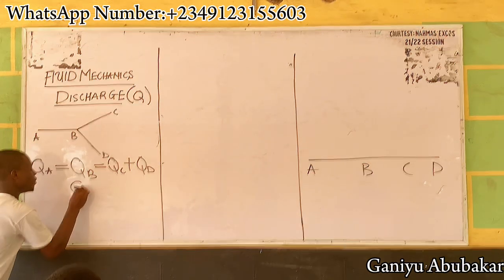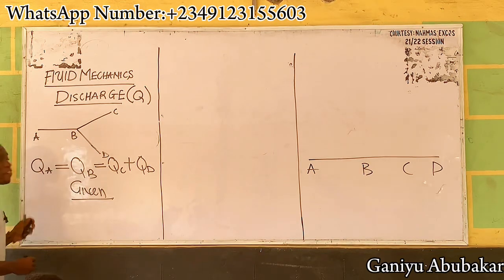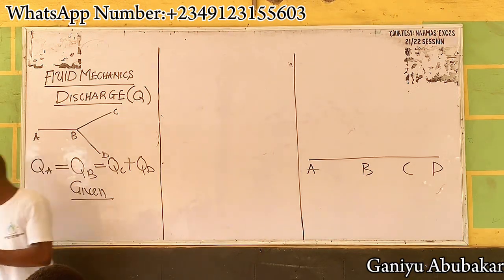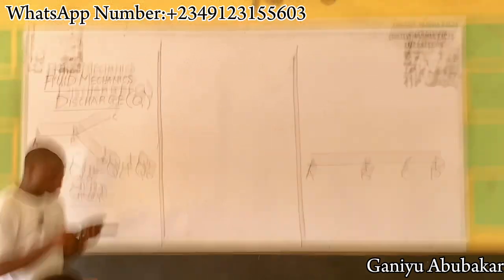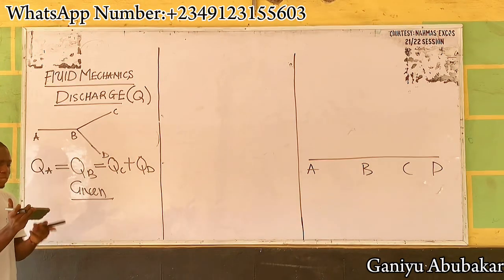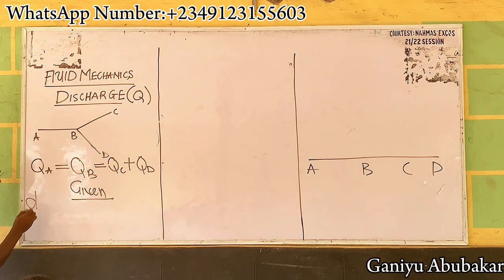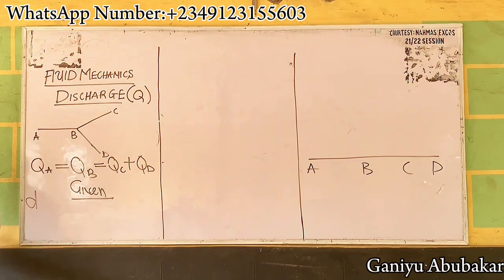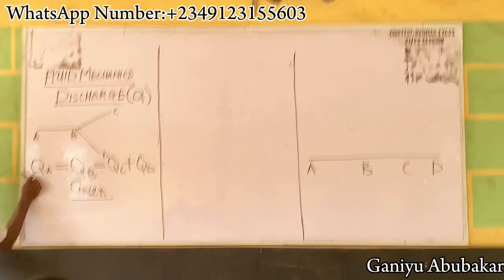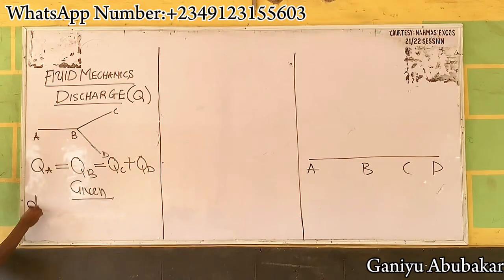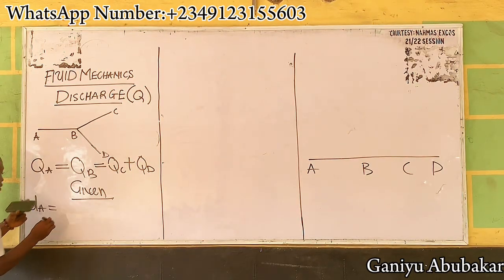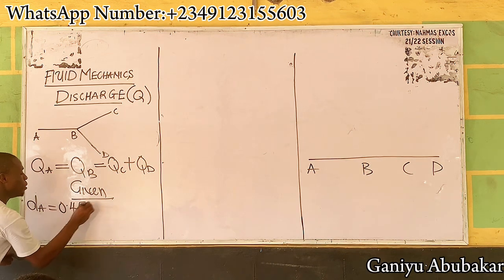Let's write out the givens, please. The question says the pipe has a diameter of 0.45 at A. So the diameter at A is 0.45 meter.